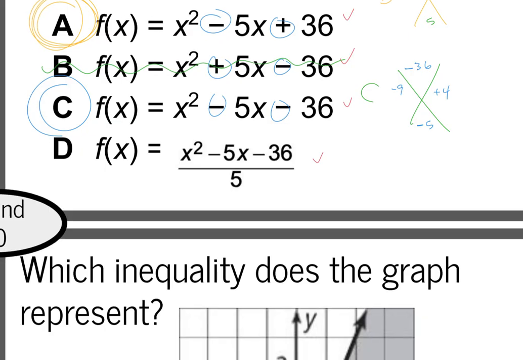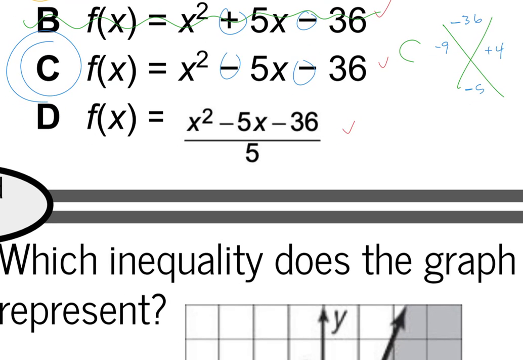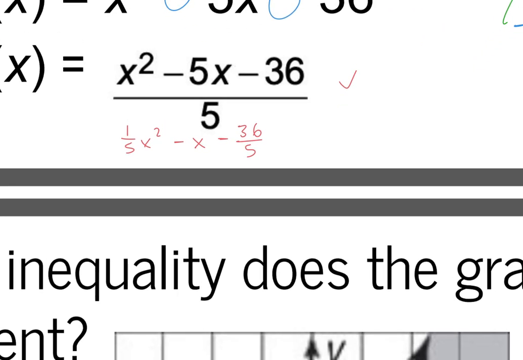So here's what we have to do. This divided by 5 is really 1/5 x squared minus x minus 36 fifths. Oh boy, I can't factor that. So I will use the quadratic formula. So the quadratic formula is negative b plus or minus the square root of b squared minus 4ac all over 2a.